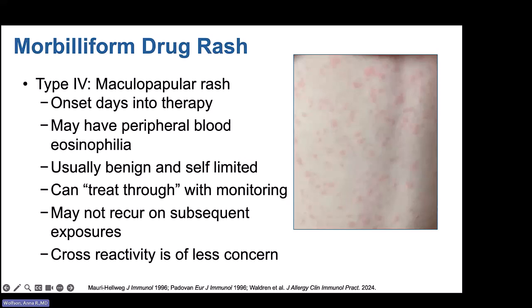If in the appropriate setting in which the drug is really needed without good alternatives, one can treat through. The biggest issue is that if you've ever seen a patient with a morbilliform drug rash, it is itchy, it's uncomfortable. Patients are not generally happy to have this rash. And so if there are alternatives, often patients will prefer to change.